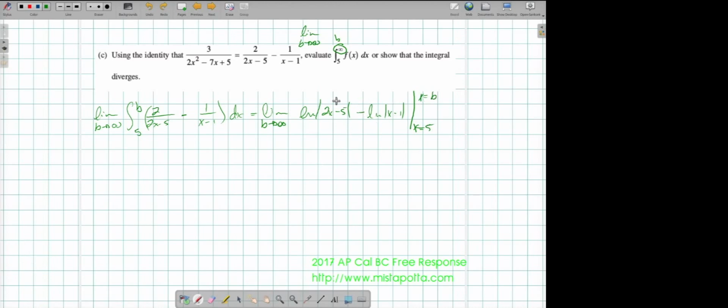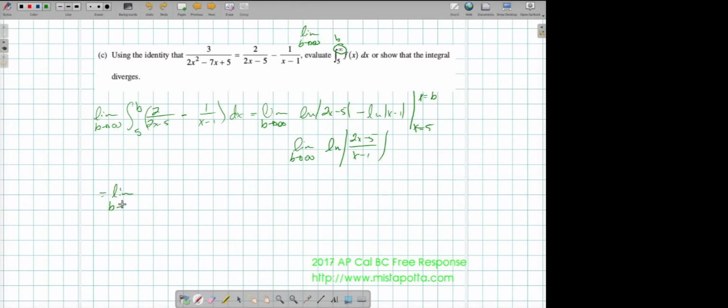Now, this is a natural log difference, so I can combine this into a single natural log. So I'm looking for the limit as b increases without bound of the natural log of 2x minus 5 over x minus 1, and I'm going to do this for x equals b.